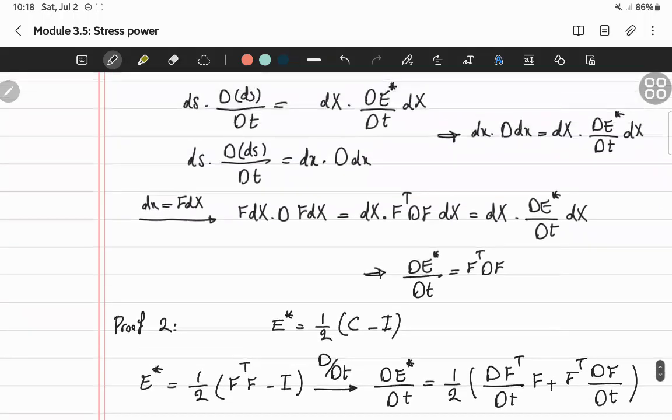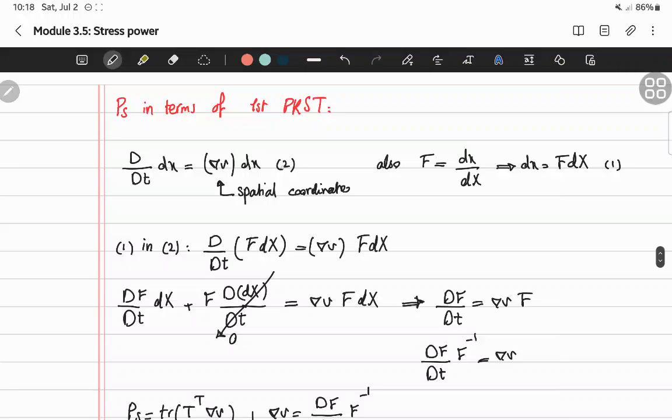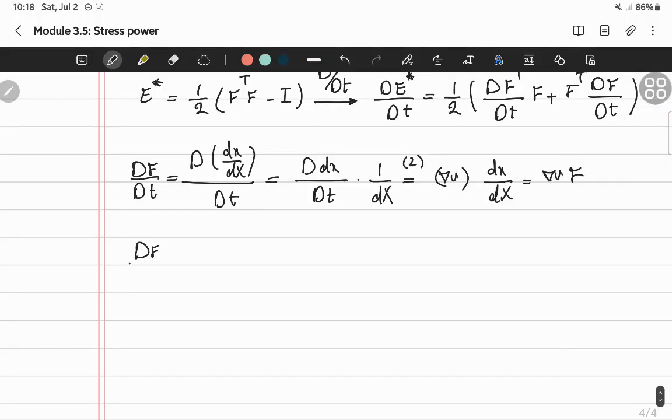This is d dx dt, and it is nothing but, from equation 2, del v dx divided by dX, which is del v f, of course. So df dt transpose is equal to del v f transpose, which is equal to f transpose del v transpose.